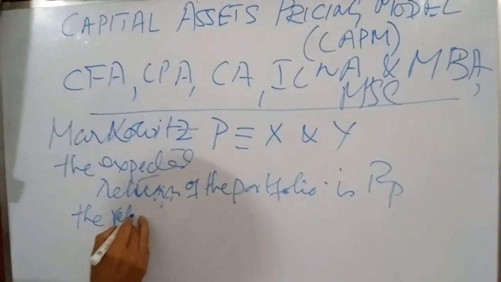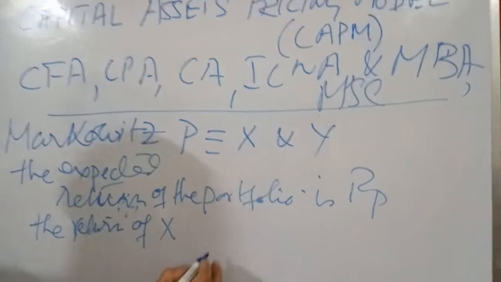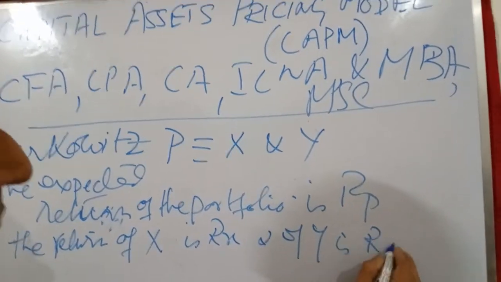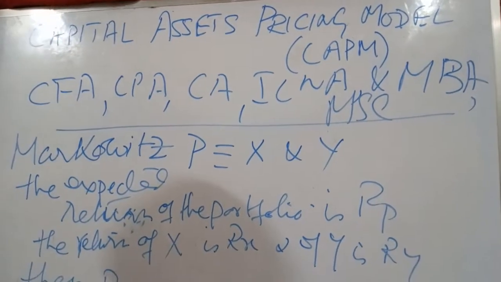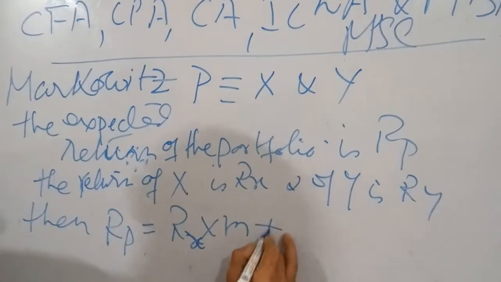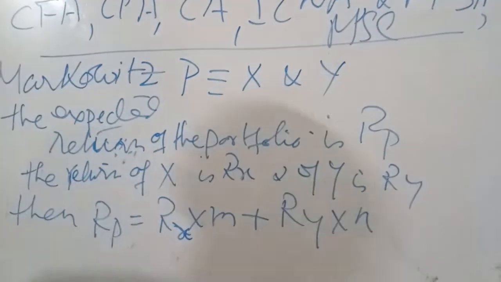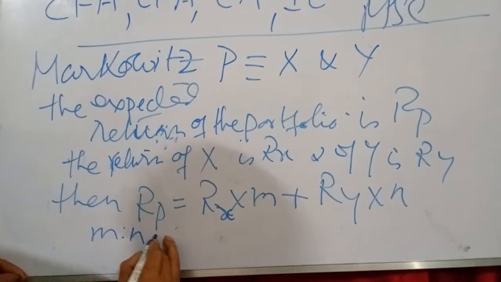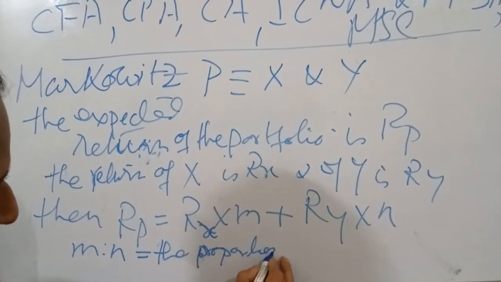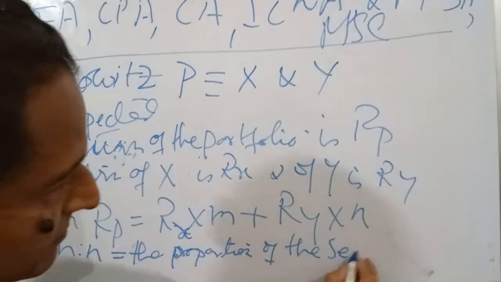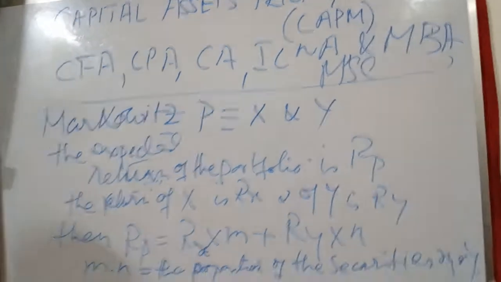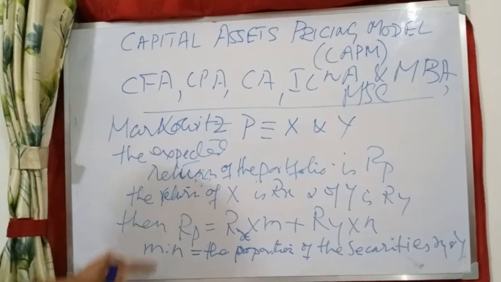The return of X is Rx and of Y is Ry, then Rp will be equal to Rx into M plus Ry into N. M is to N is equal to the proportion of the securities X and Y. Well, so this was Professor Markowitz's postulation.